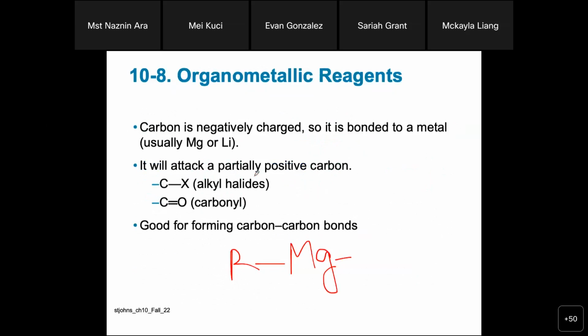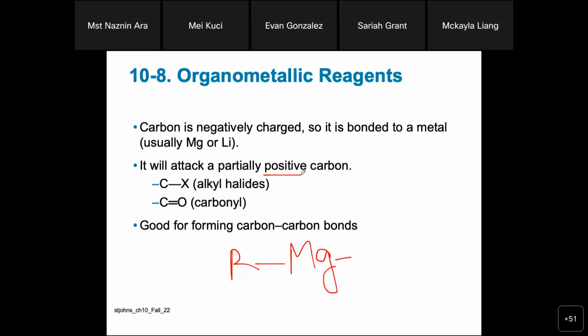So we know the carbon is negatively charged, and we know the magnesium or metal or lithium is positively charged. In that case, the carbon is bonded to a metal, usually magnesium or lithium, and it will attack a partially positive carbon. Why partially positive? Carbon is a little bit of a debatable element.